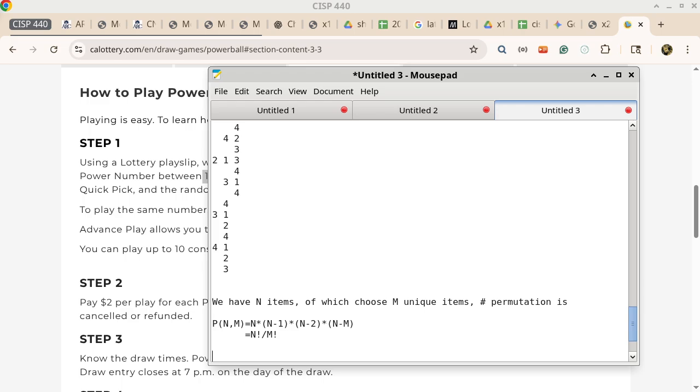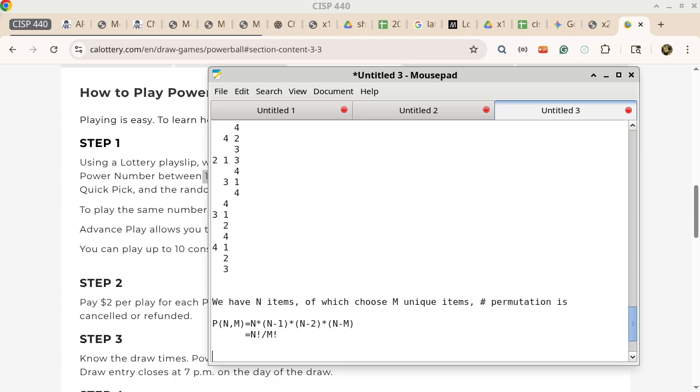When you look at the combination, you are basically saying I need to rule out all the duplicates. So we start with P of n, m, and then ask how many duplicates we have in the number of permutations. In other words, for each combination, how many permutations can we get out of it?